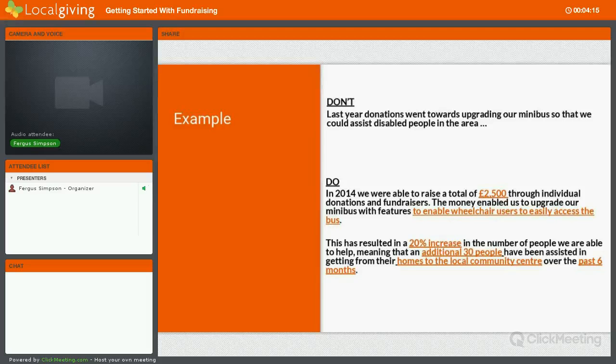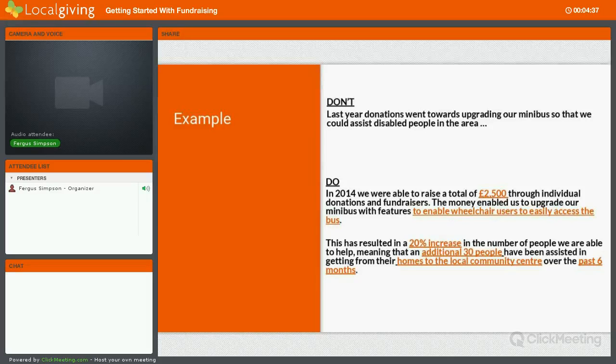So instead, the bottom example: in 2014, we were able to raise a total of £2,500 through individual donations and fundraisers. The money enabled us to upgrade our minibus with features to enable wheelchair users to easily access the bus. So that's a crucial point there. You've actually explained exactly what upgrades have been made.